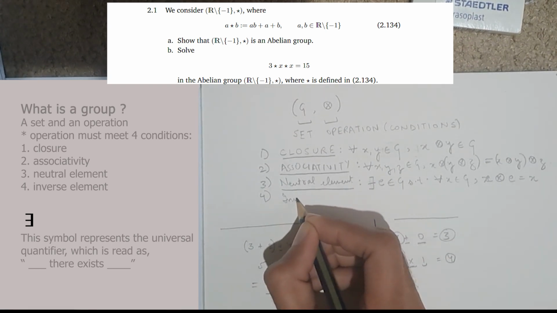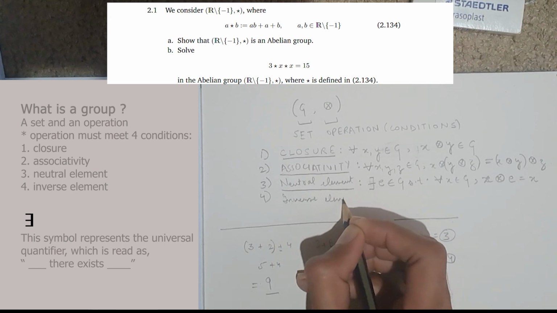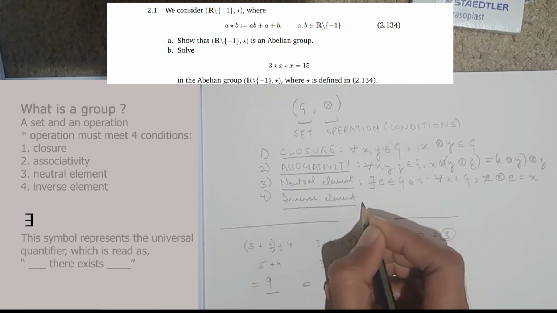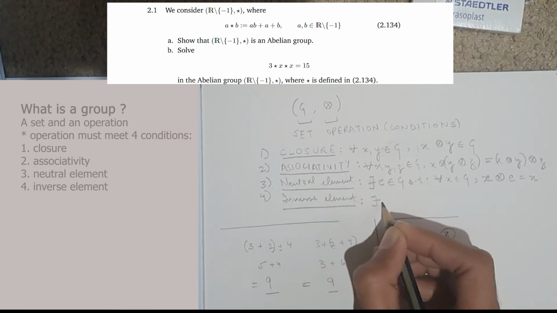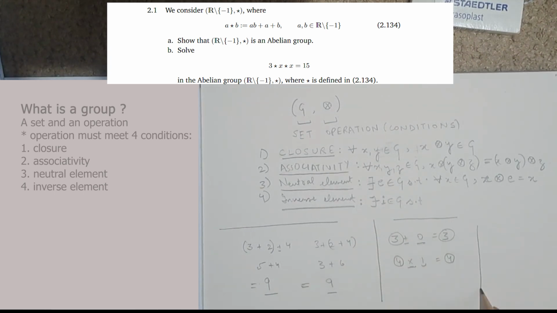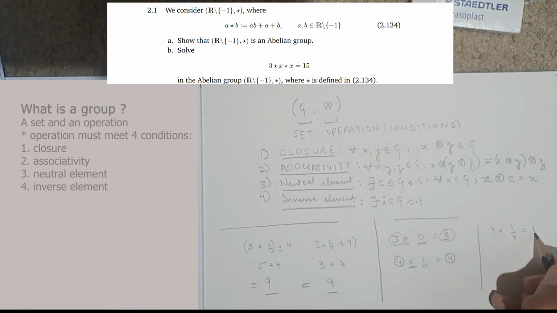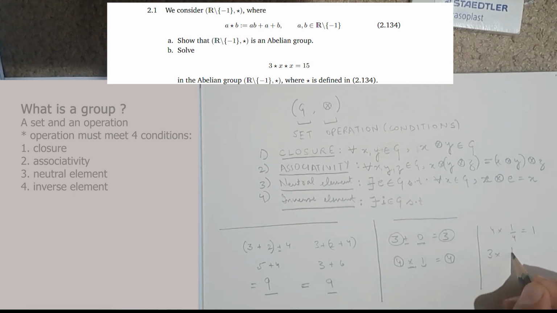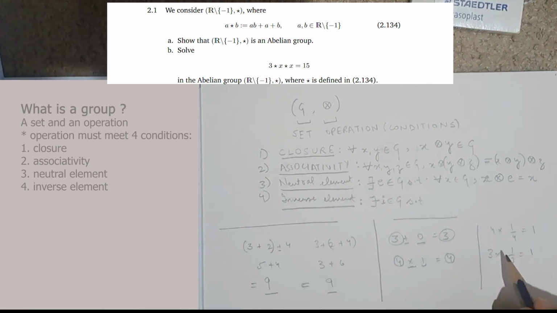Now what is an inverse element? Again, this is fairly obvious. An inverse element is the existence of an element I in G such that, so in multiplication, 4 times its reciprocal returns 1. You see how in the context of multiplication, there's always an element that reduces the original operand to the identity element. 1 is the identity element for multiplication.